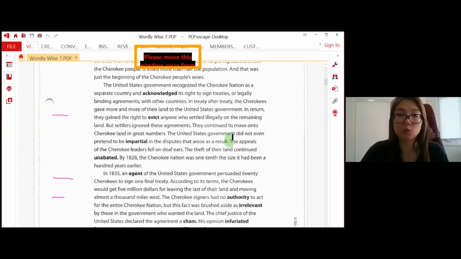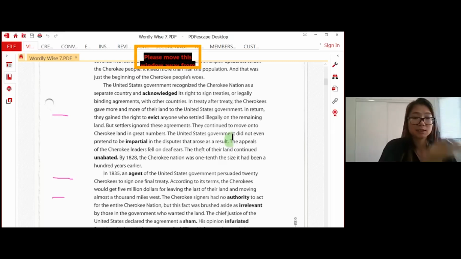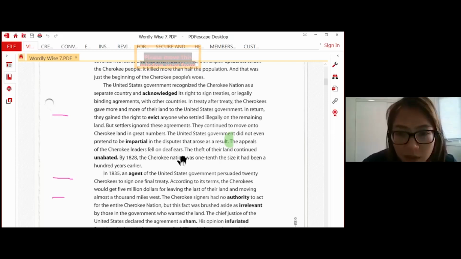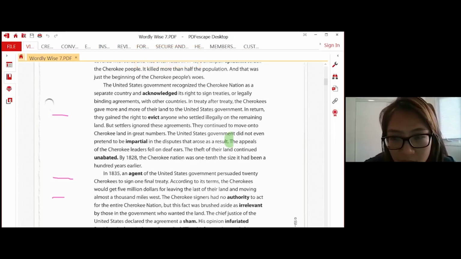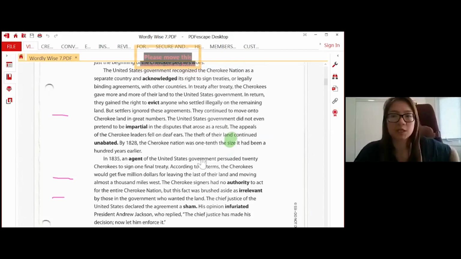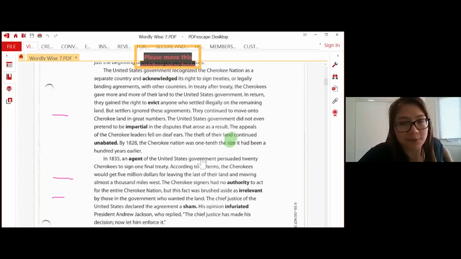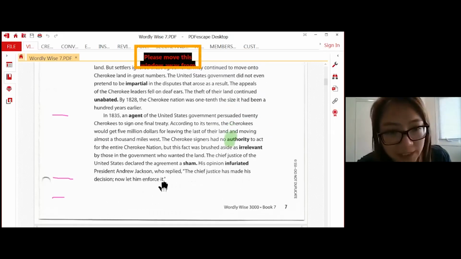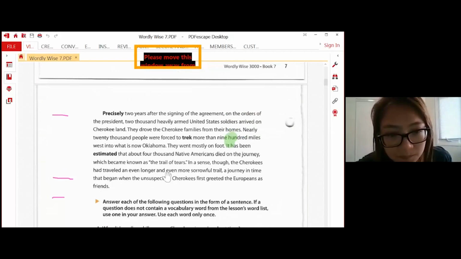Maggie, are you sure the word is abate? Okay, so we're using abate. So Maggie answered, the Cherokee repeated appeal did not abate the theft of their land. So I wrote down abate.